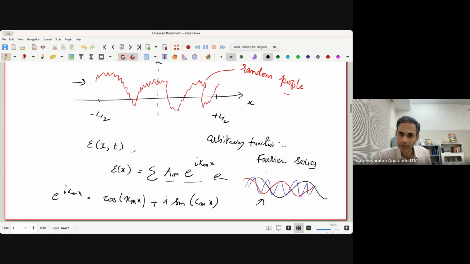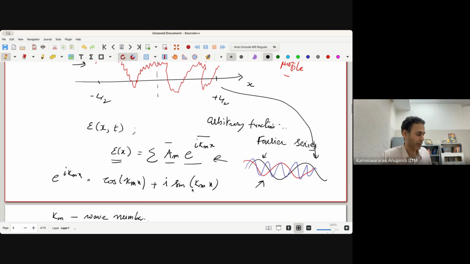Essentially, the constructive and destructive interference of these sines and cosines will be such that, by the phase we consider and by the amplitudes, we are going to reconstruct this particular function that we are looking for. So this can be decomposed into an infinite sum of sines and cosines, as given by this equation.